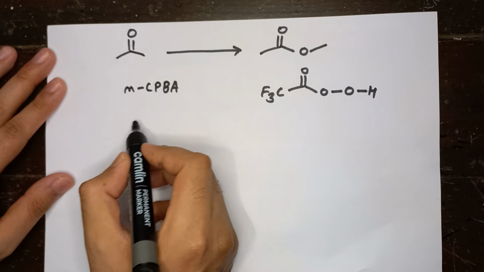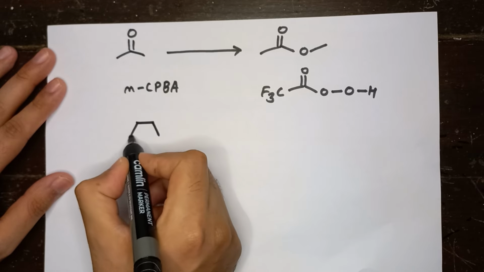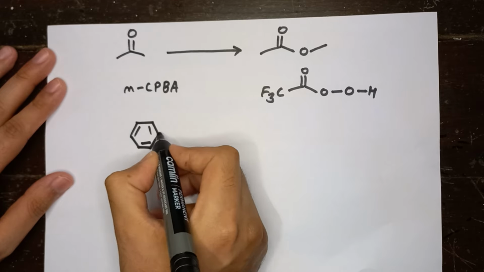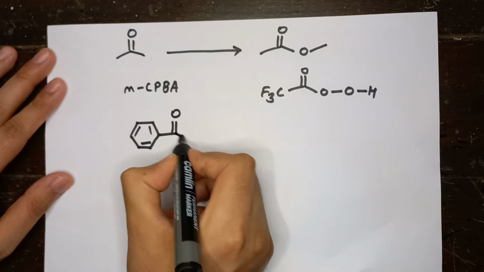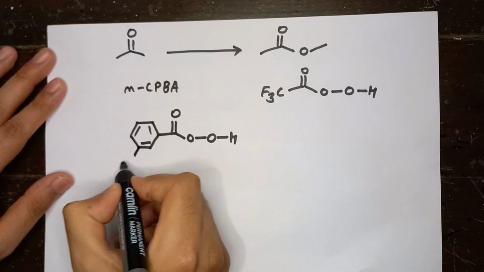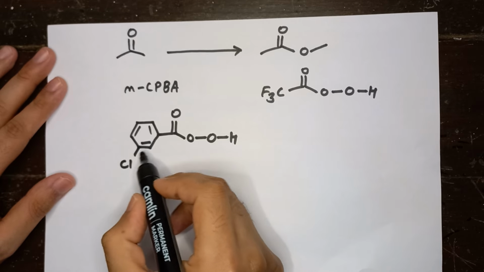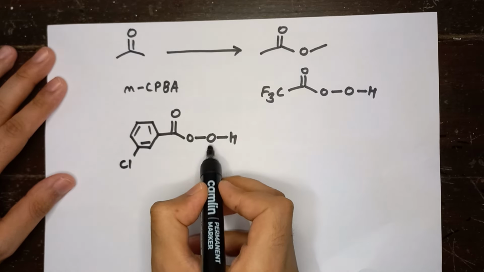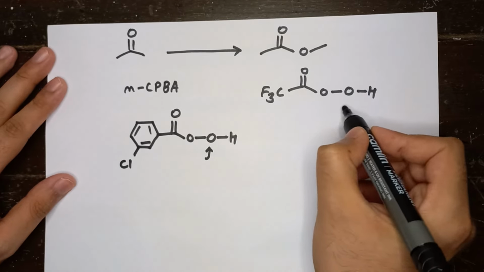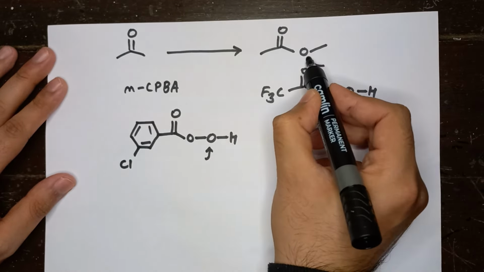So you have a benzoic acid, but it is a peroxy one. And at meta position you have chloro. So this is what we call metachloroperoxybenzoic acid. And this is the oxygen which you see right here.